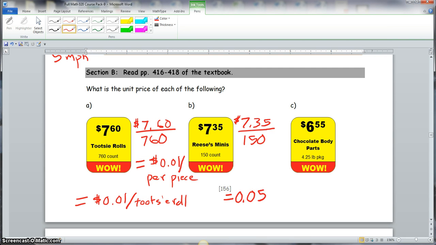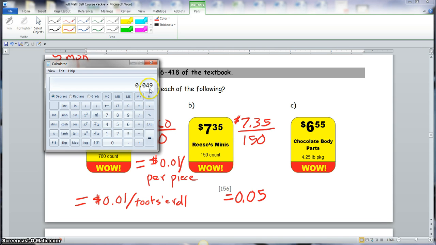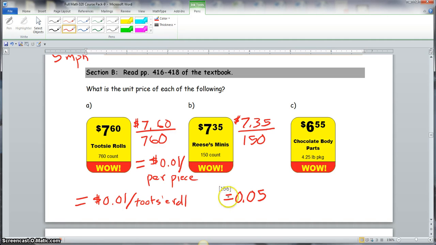So we could put is equal to 0.05. Because we know in our number system we only go two digits behind the decimal, we would have to round. So this would be 0.05 when we round it. Knowing that we're doing an approximation, we need to put the approximation symbol here.